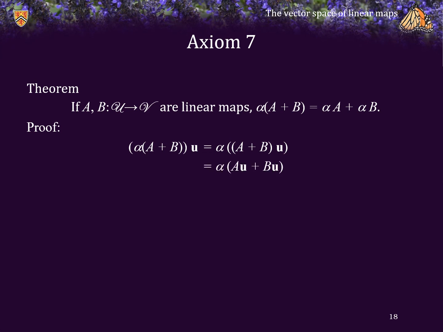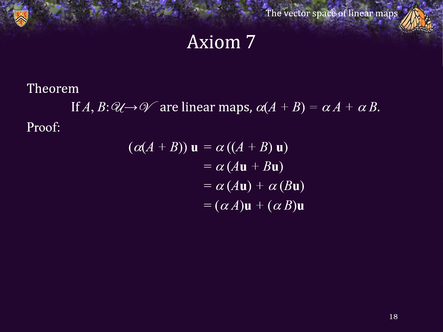But now Au and Bu are simply vectors in V, and scalar multiplication distributes over vector addition in V. So we're left with that. However, the first is equal to alpha times A applied to u, and the second is alpha times B applied to u.